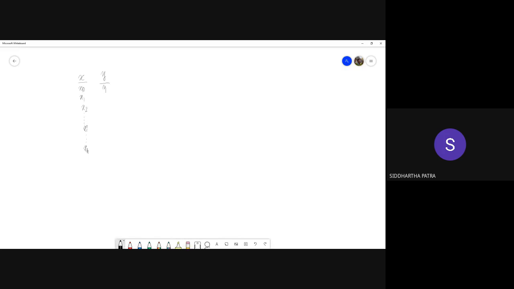Similarly for y, or not y actually, for us it is f, right? So for f also you would be having the values f0, f1, f2, and now basically I'm just shortening the expression for f of xi. So all I'm trying to say here is fi is defined as f of xi.